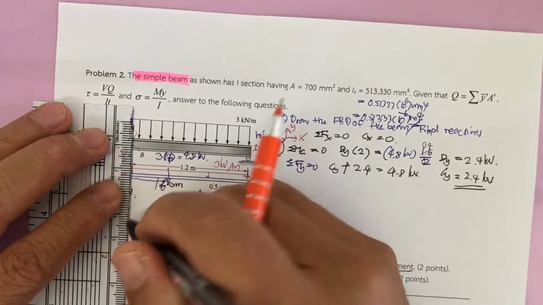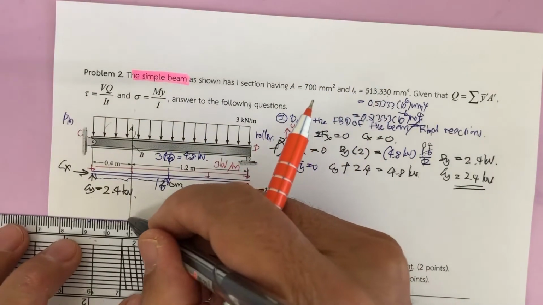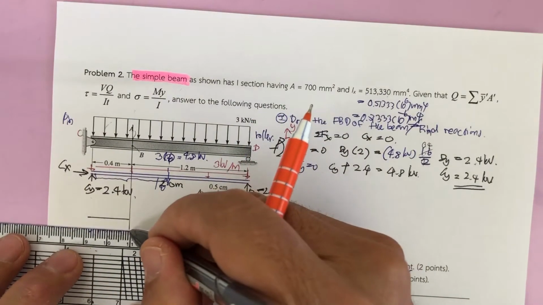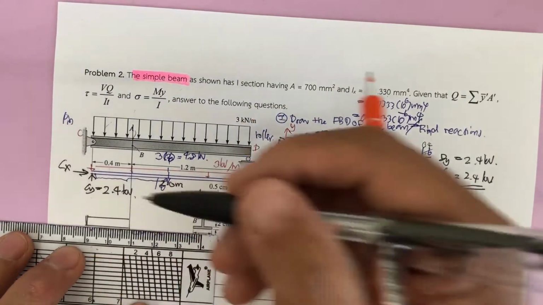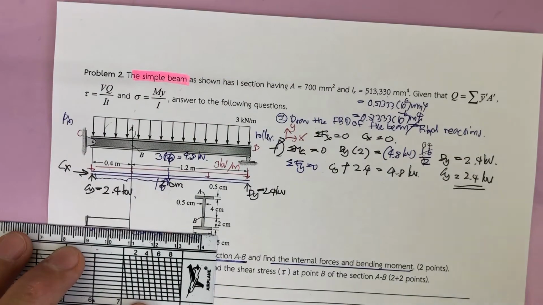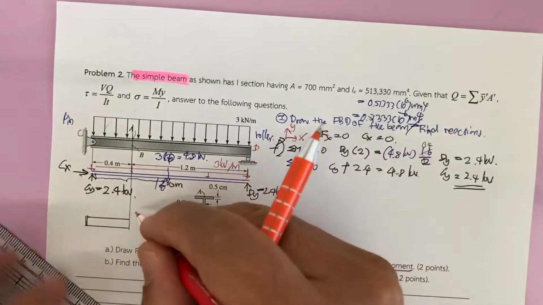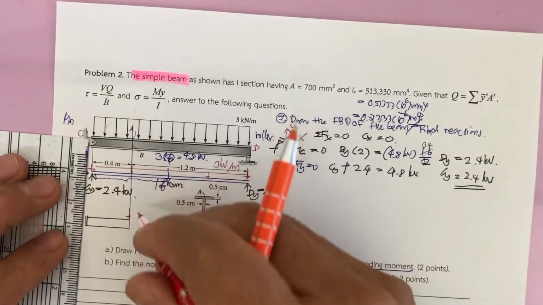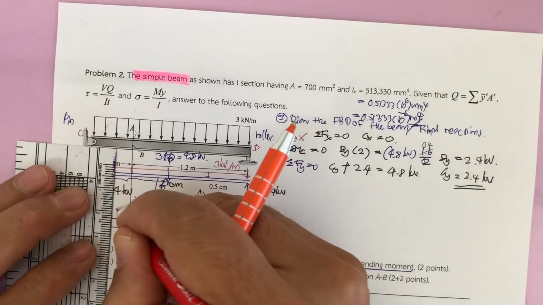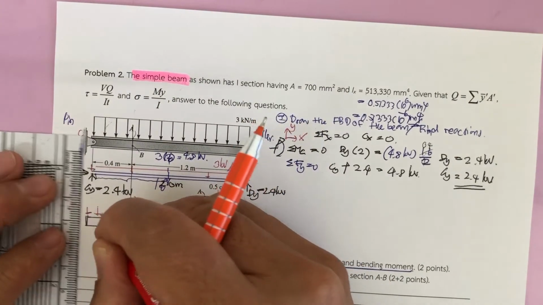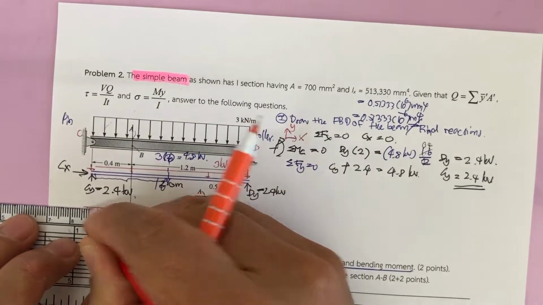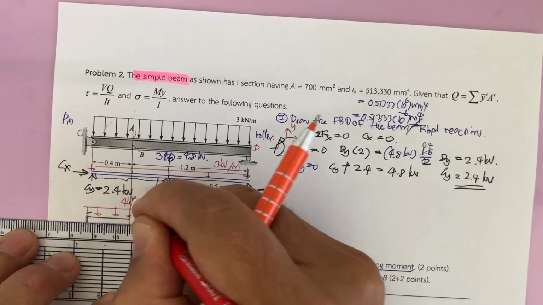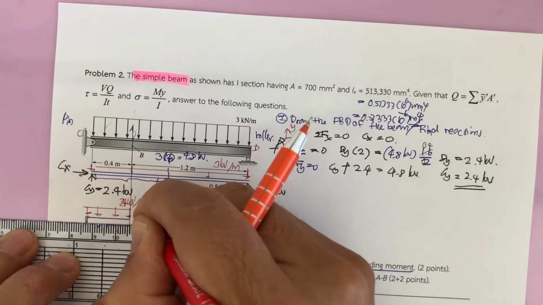We cut this section at section A, B, and the beam is subjected to 3 kilonewton per meter. We have this one, this one. We cut it at 0.4 meter. This is 3 kilonewton per meter.